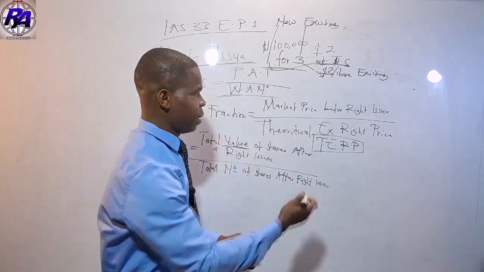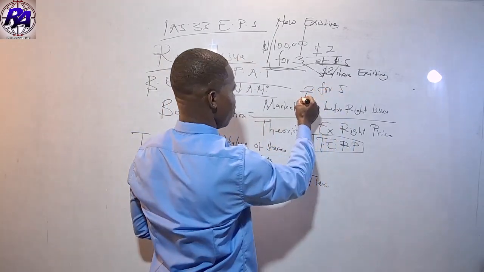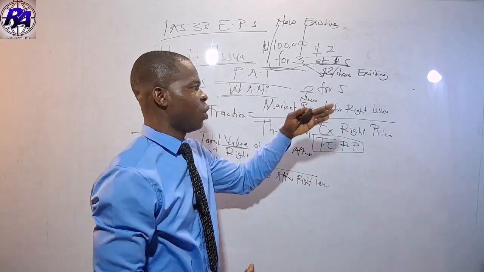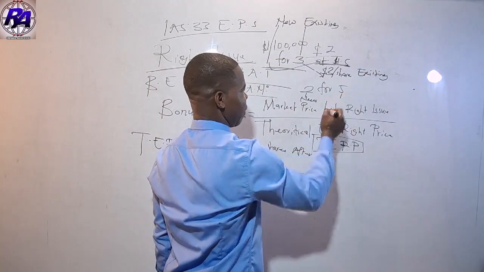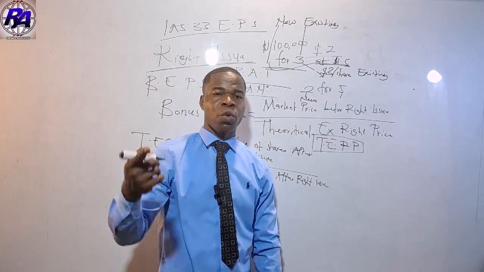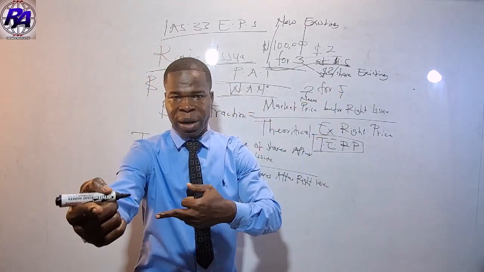So if it is 2 for 5, the 2 is the new shares. We are issuing new shares, and for every 2 new shares we offer, there are 5 existing. So the 5 is going to be the existing. Don't get confused. All your existing values go with this, and the new price goes with this one.